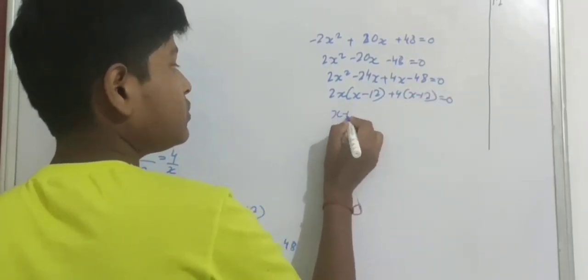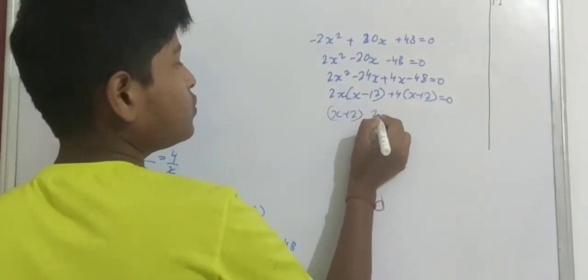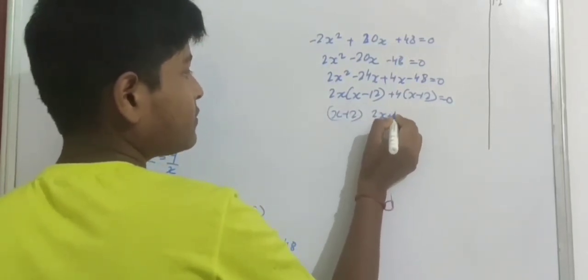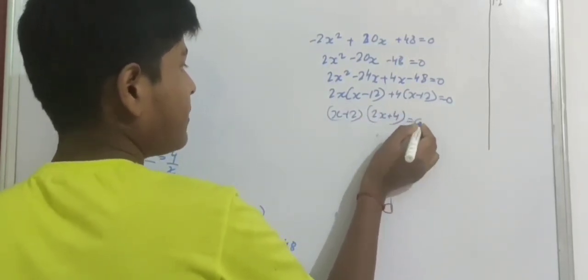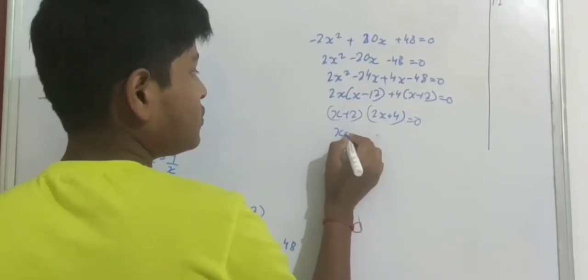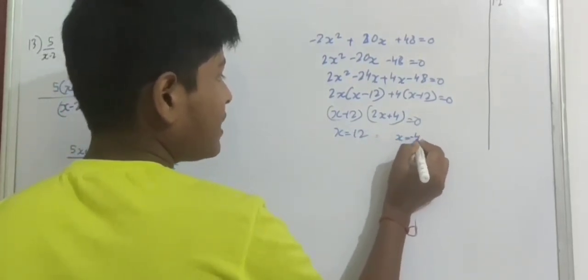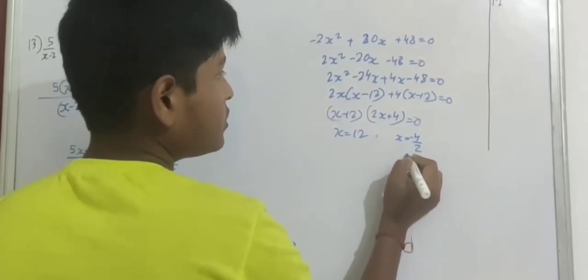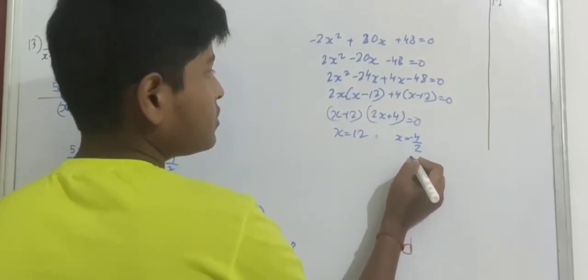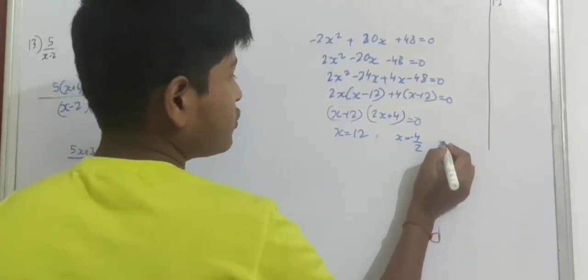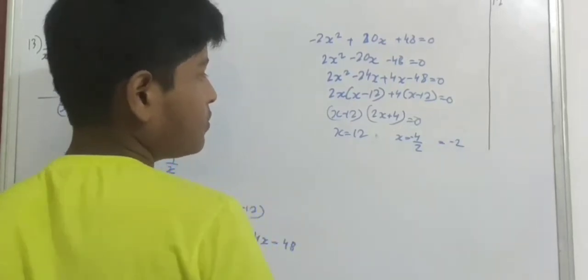So here x minus 12 and 2x plus 4 are the factors. So x is equals to 12 and x is equals to minus 4 by 2, is also equals to minus 2.